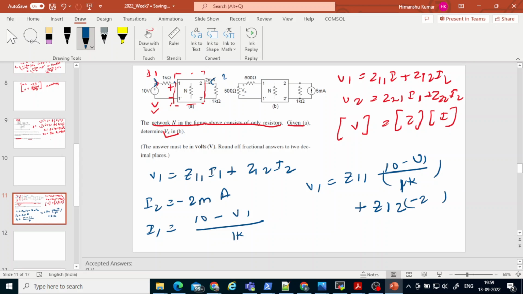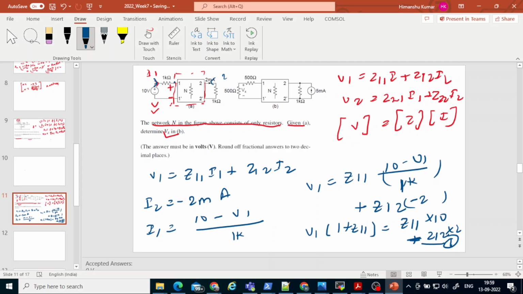If we rearrange, this V1 term we can bring to the left side, so it will become V1 times (1 plus Z11) equals Z11 times 10 plus minus Z12 times 2. So this is our equation 1.